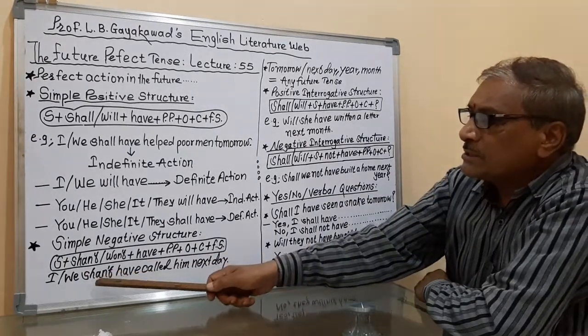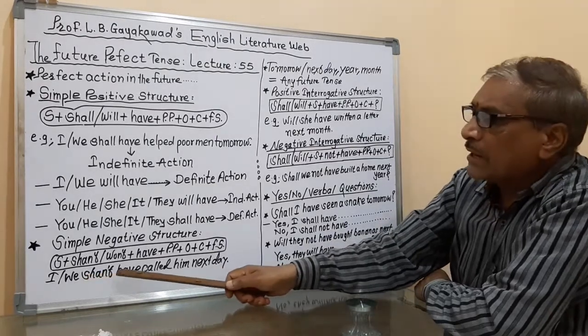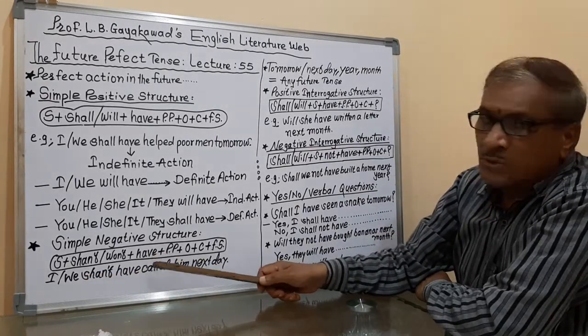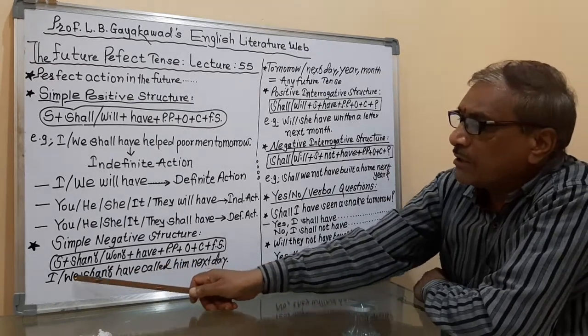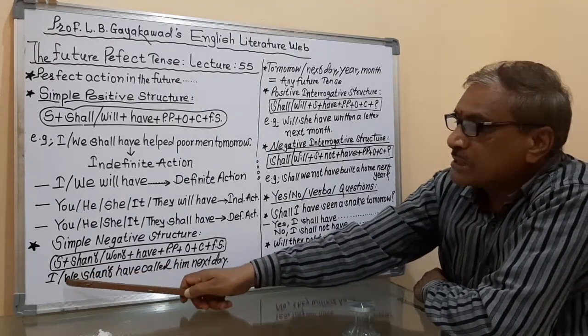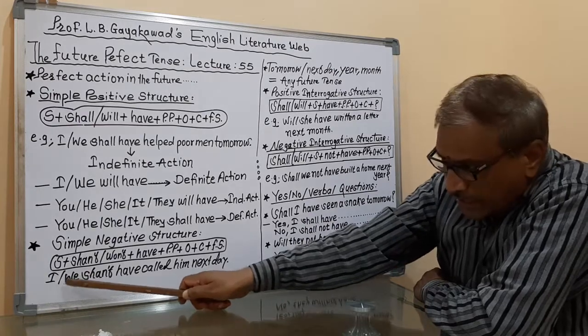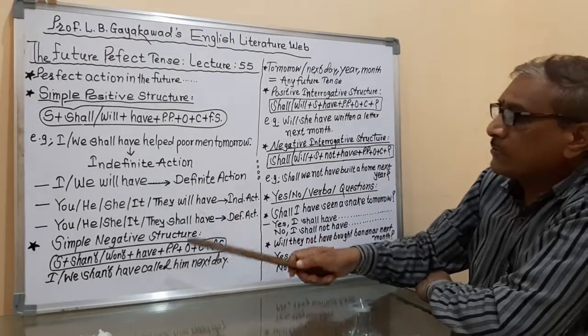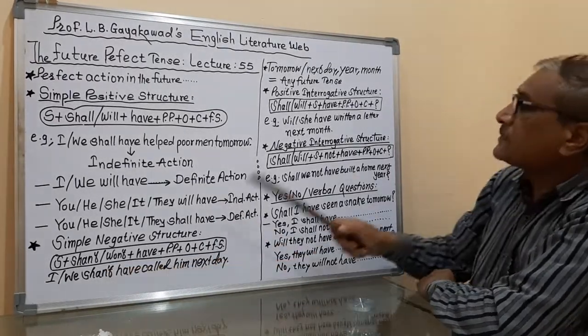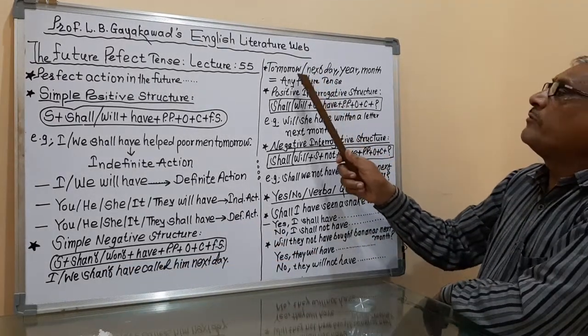So these two examples are examples of negative structures, because in this one sentence we have taken two sentences, because the subjects are two, I and we, and that's why these are two structures, means two sentences.